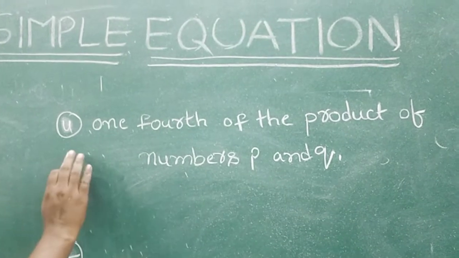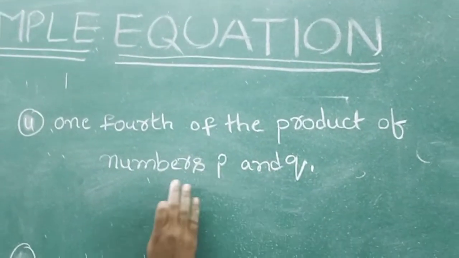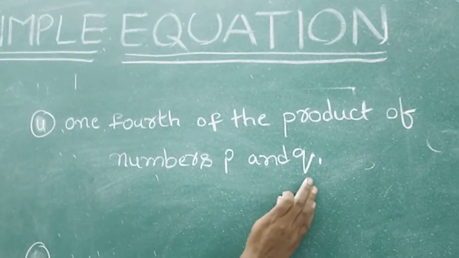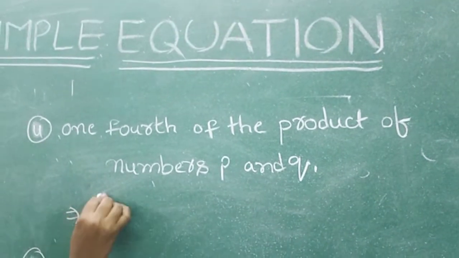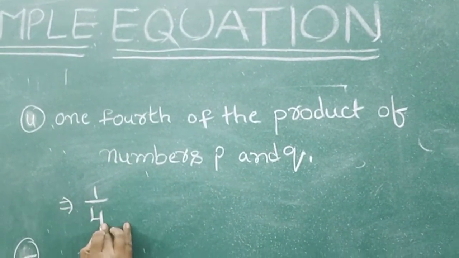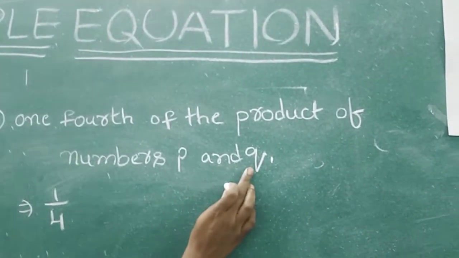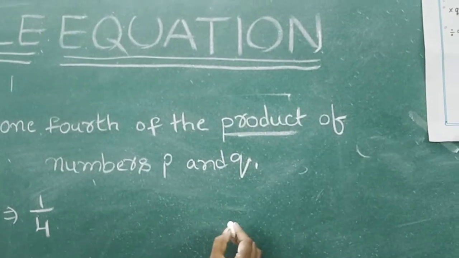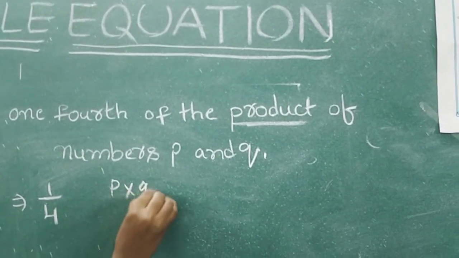One more example. 1/4 of the product of numbers p and q. 1/4 of, that means 1 by 4. Product of numbers p and q, that is p into q.